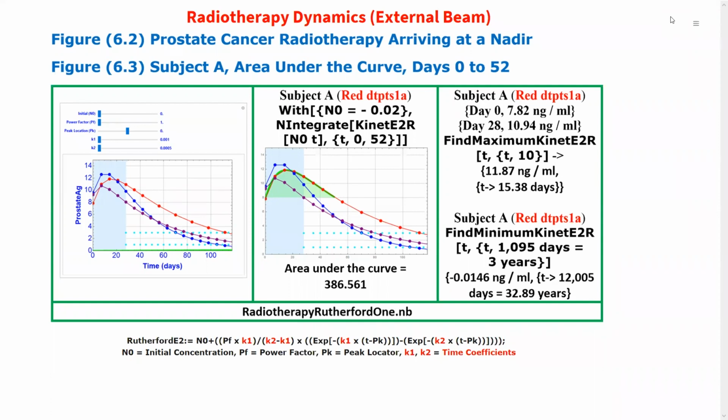But I don't know how often to draw a specimen. I don't know if you need a specimen every day or every other day, because you're going to be laying on that table for a whole month. See, but see, the clinicians want to go golfing on Saturday and Sunday. So what they do is they radiate Monday through Friday, and then they say, well, let's give the guy Saturday and Sunday off.